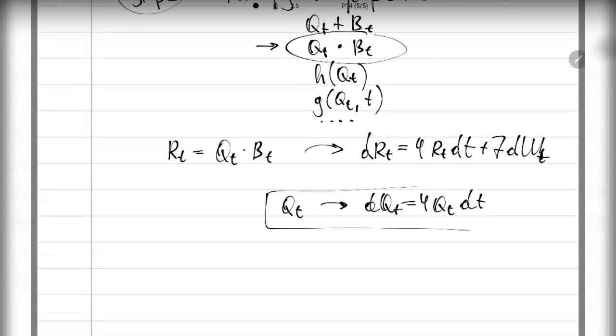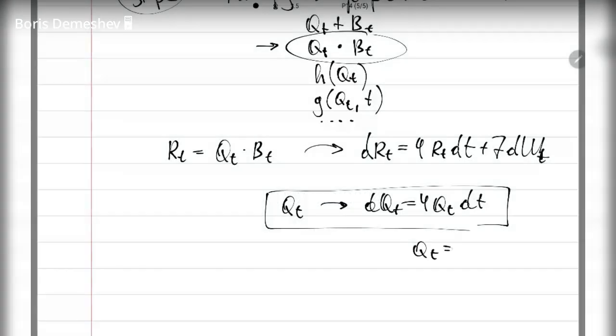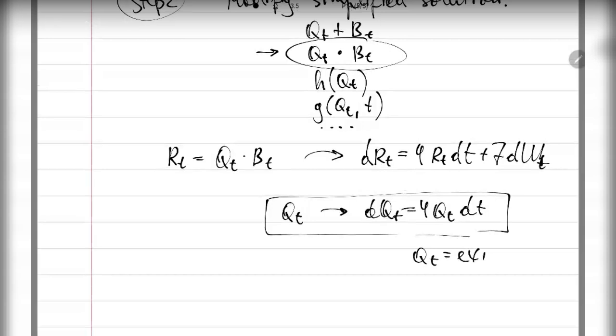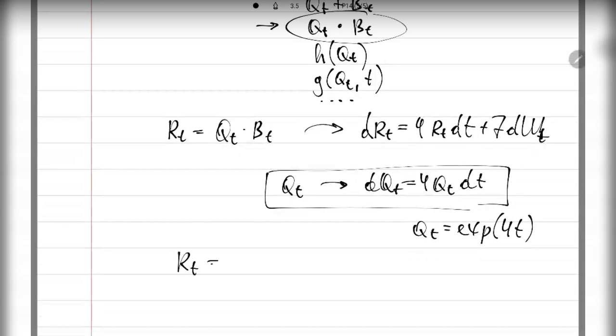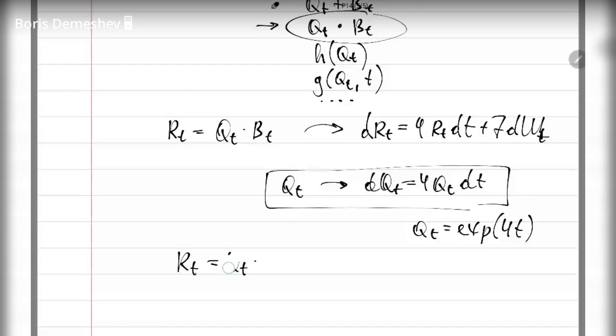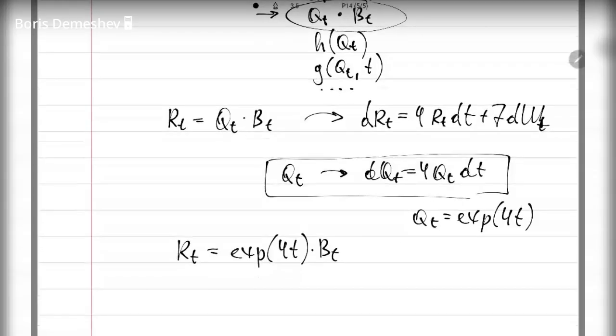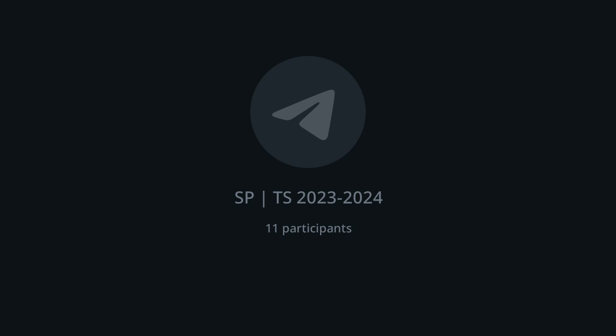This is satisfied by design. We know q_t, so let's choose one of the solutions, say just the exponent of 4t. So my R_t is just exp(4t) multiplied by b_t. And now the only thing that remains is to find b_t.